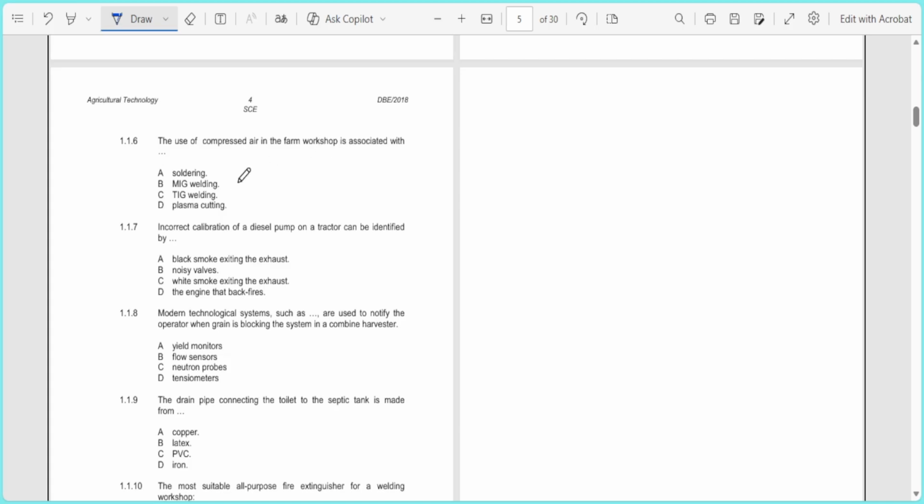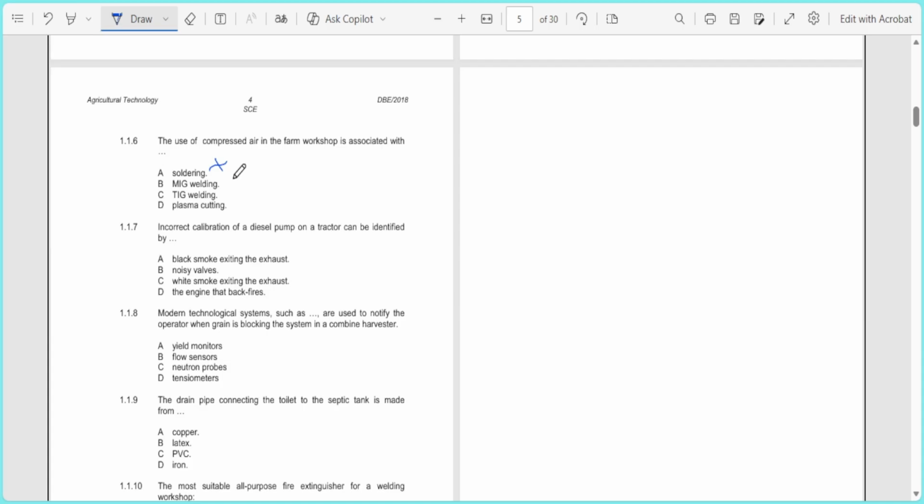Okay. Let's eliminate the incorrect ones here. Let's start with A, soldering. For starters, soldering does not require compressed air, so this is out. What about MIG welding? Yes, this one uses shielding gas, something like an argon and carbon dioxide mix.